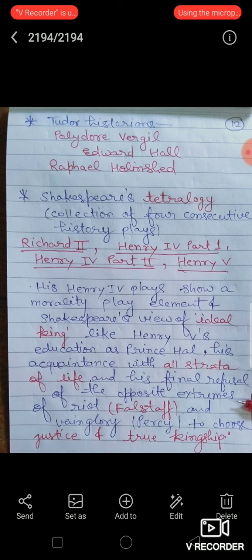But when this Prince Hal becomes the king, he does not think about his friendship towards Falstaff, but he takes decisions like a king.